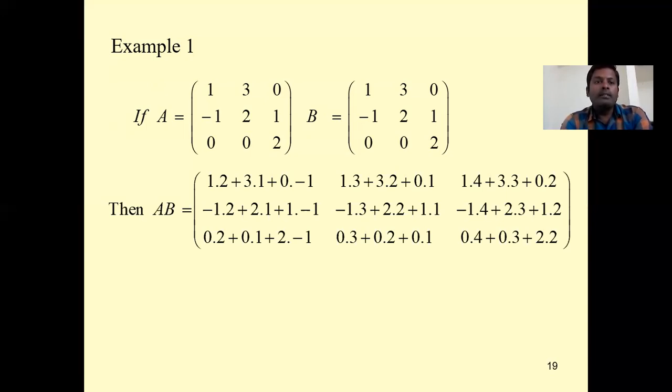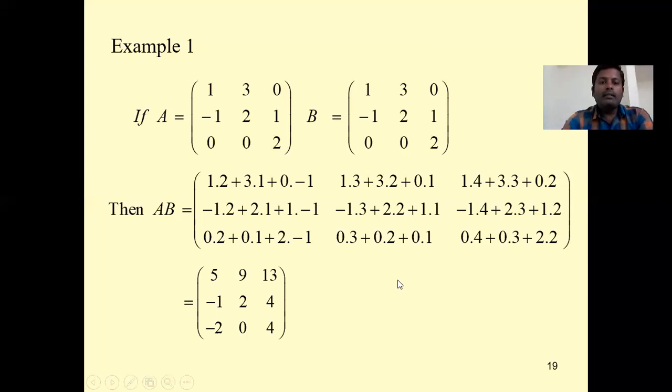The same way for the second row and the third row. We get the result: 5, 9, 13, -1, 2, 4, -2, 0, 4.